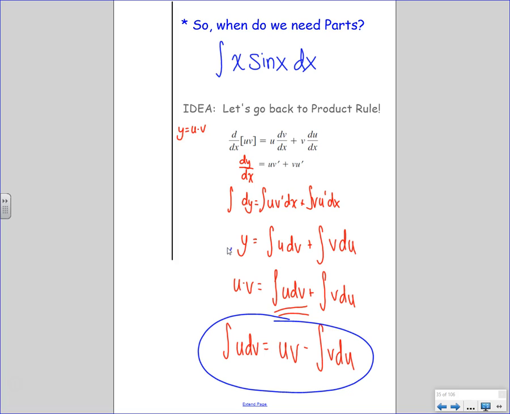What do you think? Okay, let's say the sine and the dx was all dv. Well, if that's dv, then what must the x have come from? u, or v? Okay, let's see if that helped. If that's a u and that's a dv, then by the rearrangement of the product rule, solving a differential equation, we could plug in u equals x. Wait, how would we plug in v?